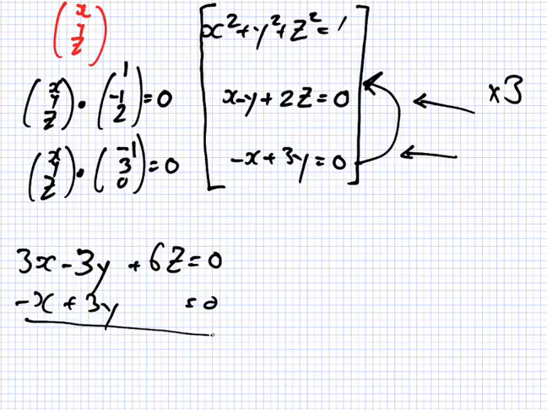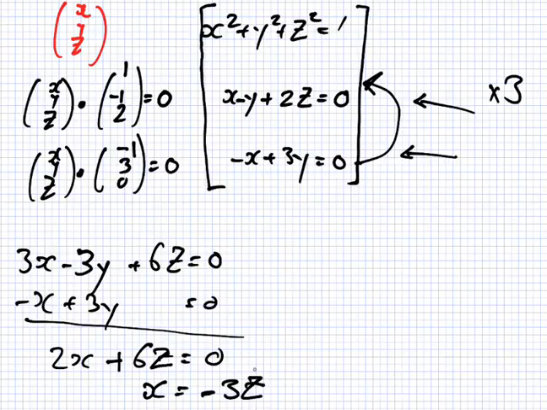So if I add them together, I get 2x plus 6z equals 0, of course. So x equals minus 3z. So that's x.